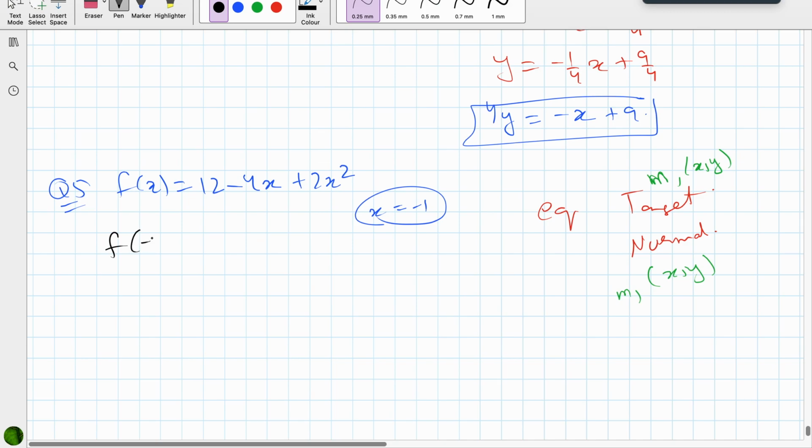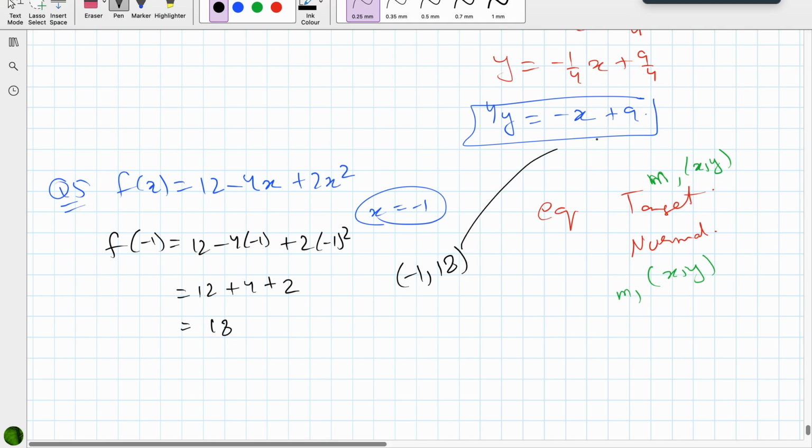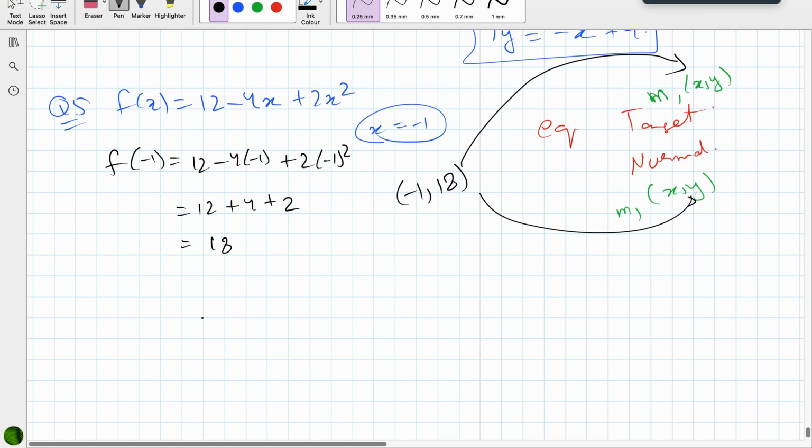When x is minus 1, 12 minus 4 into minus 1 plus 2 into minus 1 squared: 12 plus 4 plus 2. 12 and 4 is 16, plus 2 is 18. So we also have the coordinate minus 1, 18 for both of them.